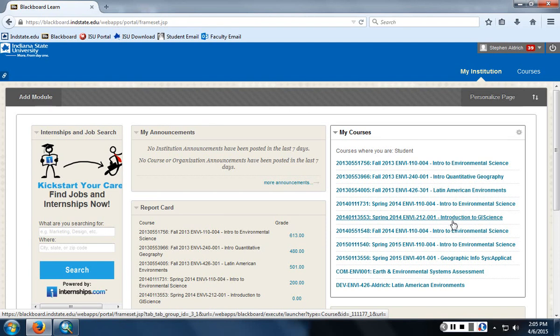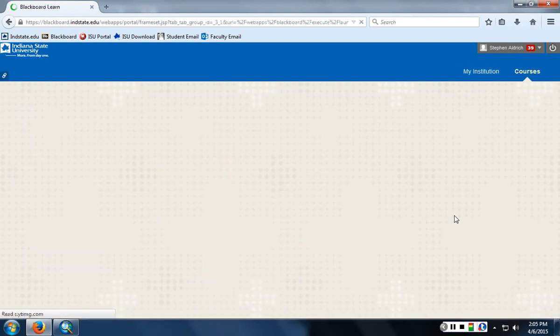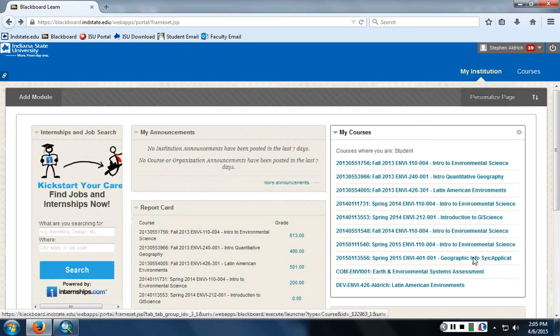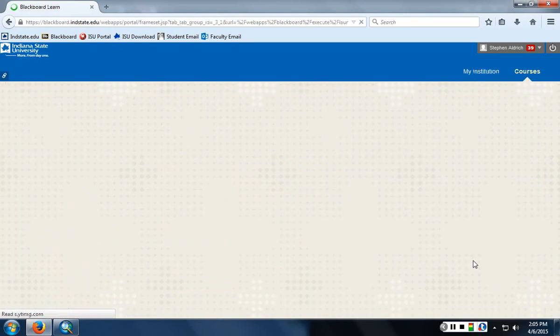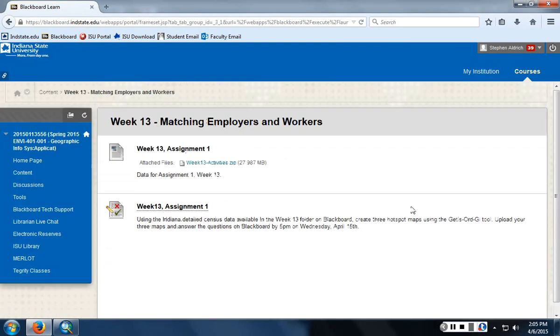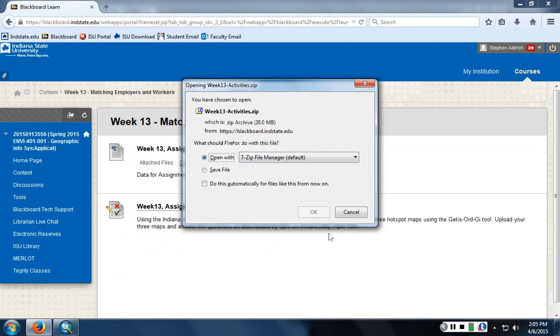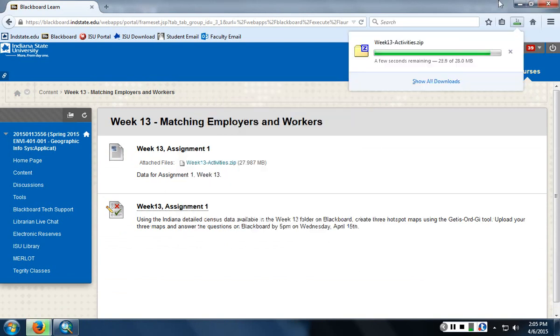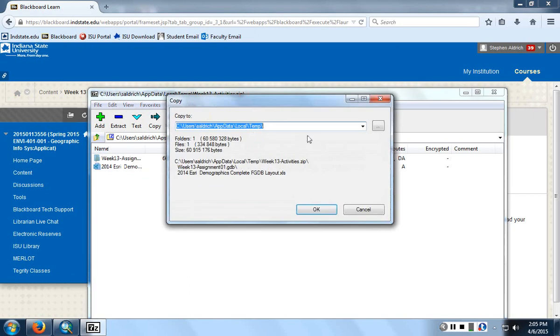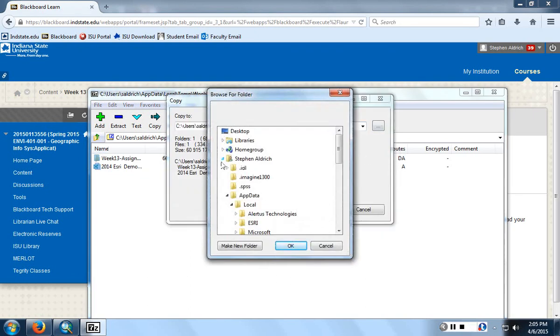It helps if you pick the right class to go to on Blackboard. The data are in the week 13 folder, and they're right here. It's an almost 28 megabyte zip file. So we'll extract that.